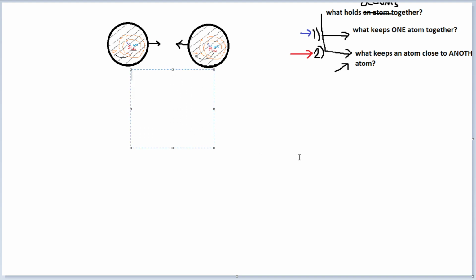And here they are. The first way is a covalent bond. In this video, I can't cover what makes a covalent bond a covalent bond. You can go check that out, find some other resources. The second way is an ionic bond. And the third way is a metallic bond. Those are the 3 things that keep different atoms together.